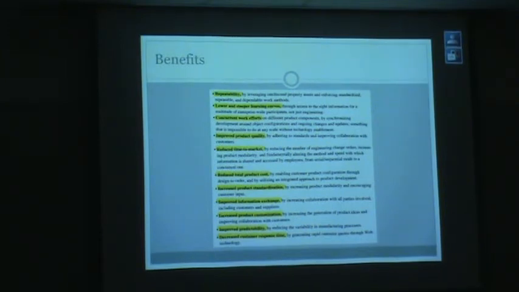Your textbook, I think in an excellent way, identifies the benefits of PLM systems. You need to know these benefits. You need to understand them. When you go out and are hired to do an engineering job, your company will either be using and already know the benefits of the PLM system, or they're thinking about picking up a PLM system, but they're not sure about it, or they don't know the first thing about it.